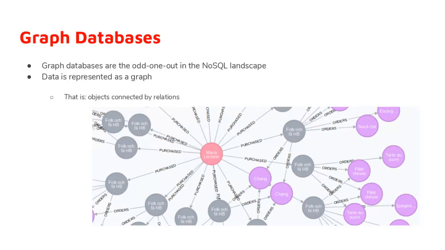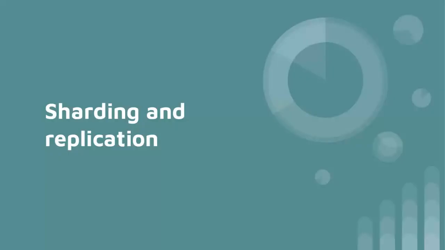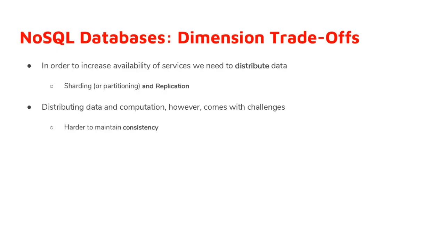And so in essence, we categorize them on the first dimension, and it's the type of data they store. But now we're going to look at the technical dimensions, and we're talking a little bit about sharding and replication.